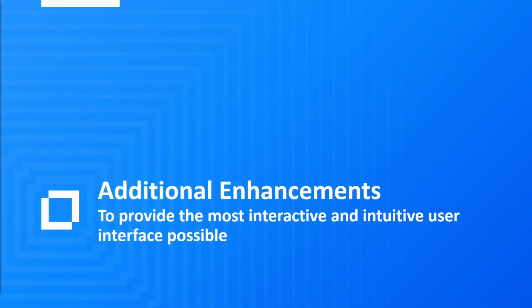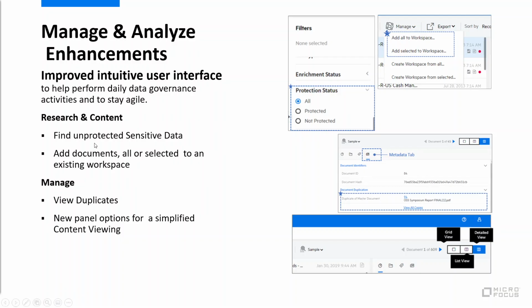Let's talk about some other enhancements. In Manage and Analyze, we have added a filter so that you can easily search the files that have been protected within FAS or are sensitive but need protection.